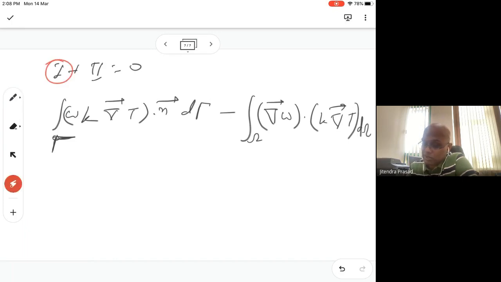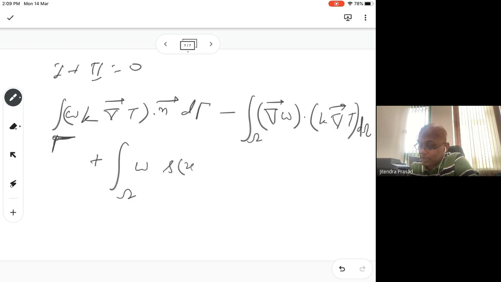So this is number one plus number two, which is W times S(x, y). W is also a function of x, y, so integral of W S d omega, all equal to zero. So the whole thing is the weak form.